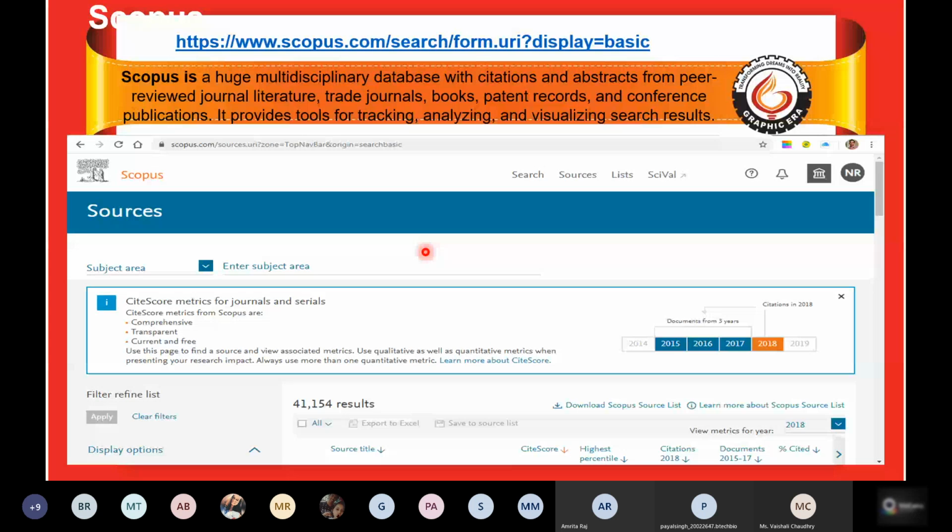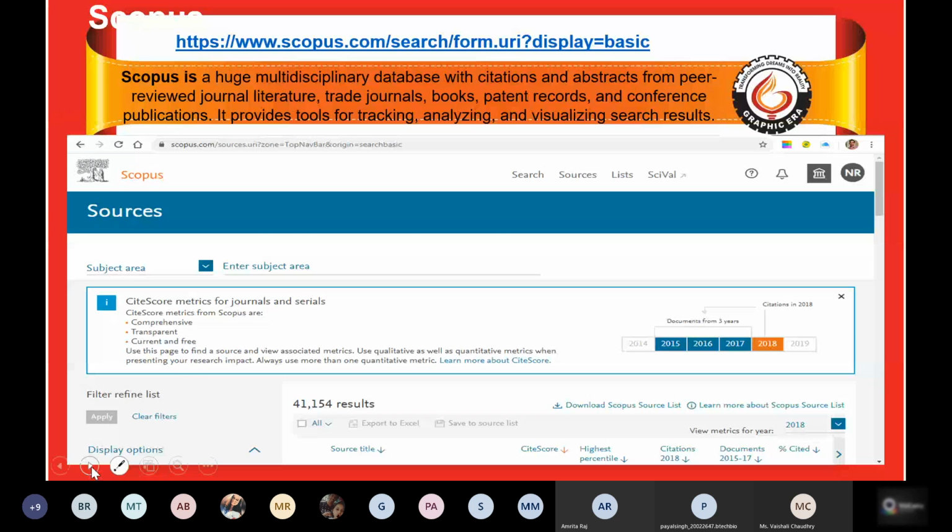You can search for any journal, any paper. You can also refine the search and apply filters by year. You can say 2019 onwards, 2020 onwards, etc. So Scopus is one of the databases.